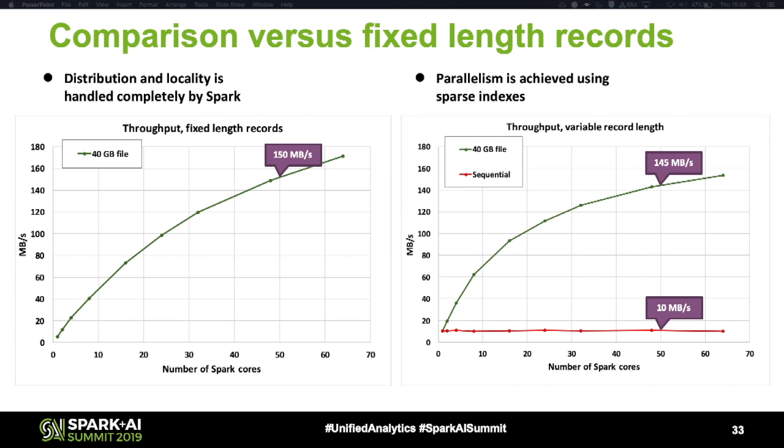On the right side, we see processing of a variable length file, which uses all those optimization techniques. And the variable length file performance is just slightly slower than that of the fixed length record files. So we're proud of this result.